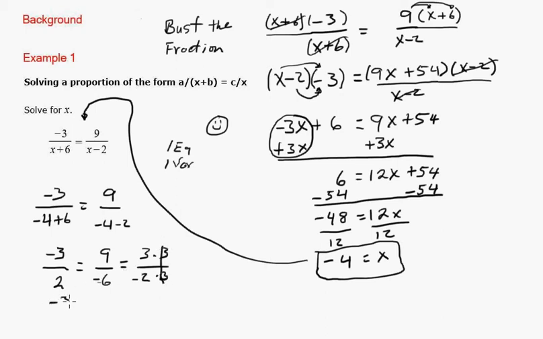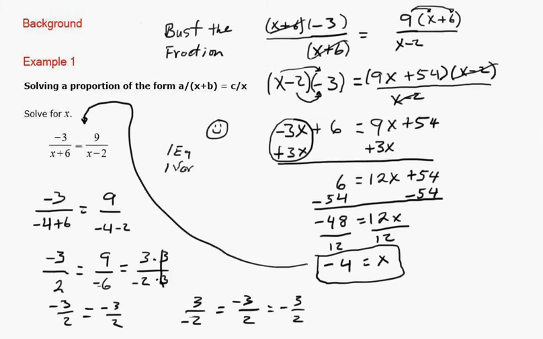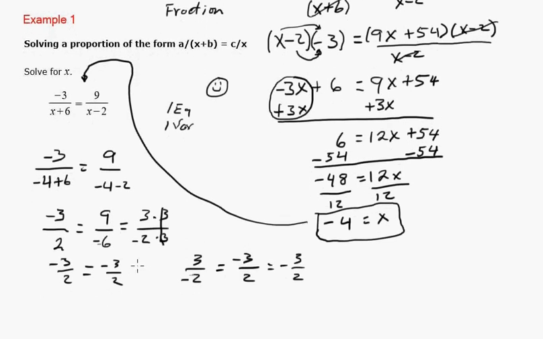So we get negative 3 over 2 equals, and I'll just move that negative up, negative 3 over 2, because it doesn't matter. 3 over negative 2 is the same as negative 3 over 2. Okay, so that was just a dose of algebra, but the point is that we found the number that balances the equation.